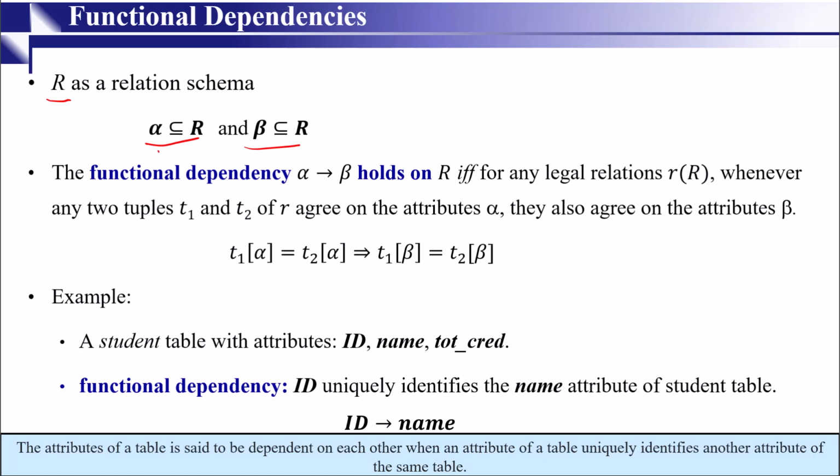For example, in a student table with ID, name, and total credits, ID determines name, a dependency like this. It means each ID uniquely identifies a name. This ensures that attributes depend on the key, supporting 2NF's goal of eliminating partial dependency.